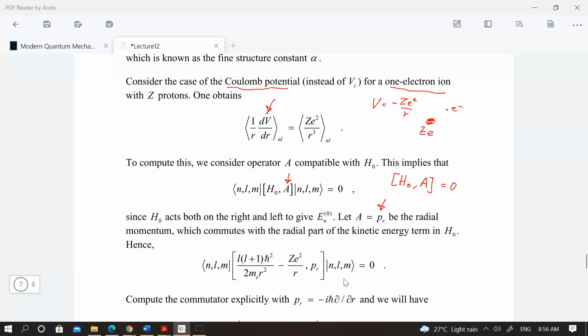Remember, H naught equals P squared on 2m plus V. Your P is simply given by minus i h bar del.